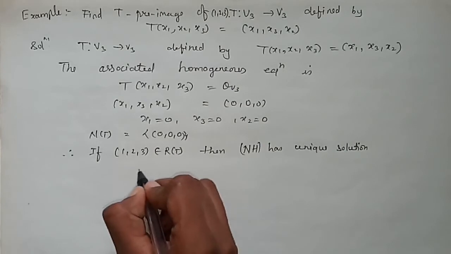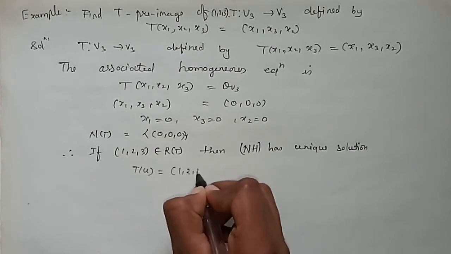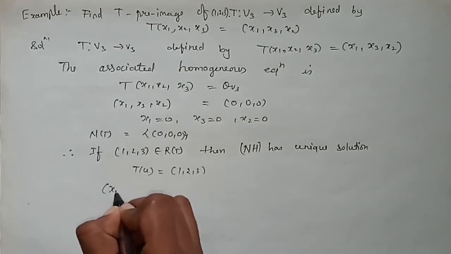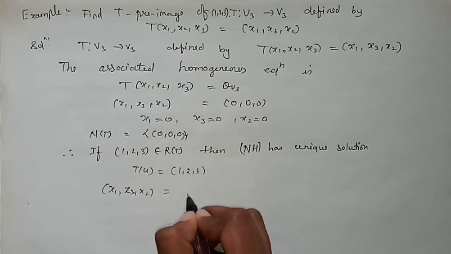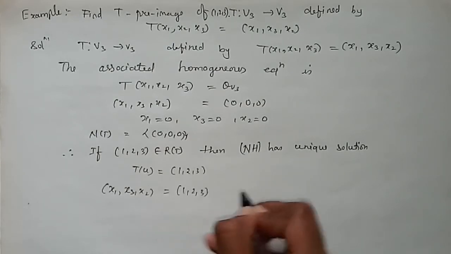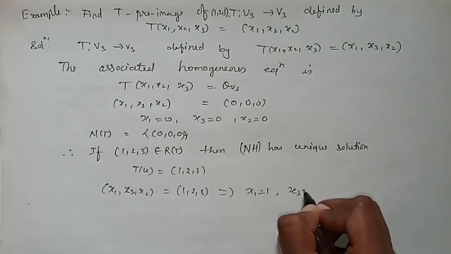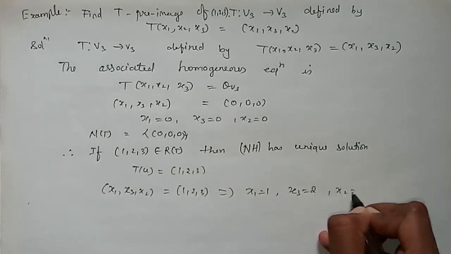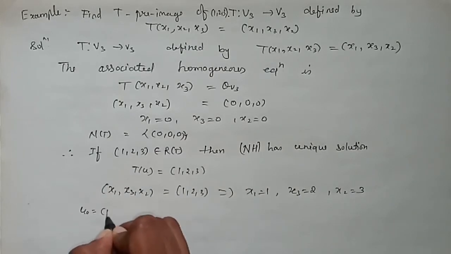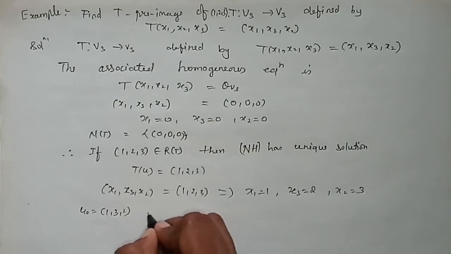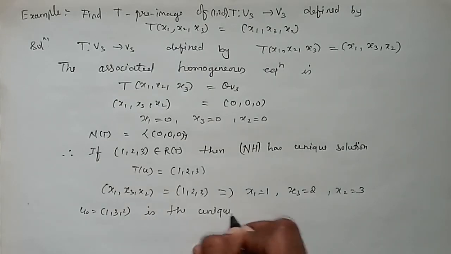Now T(u) = (1, 2, 3) and T(u) is nothing but (x1, x3, x2) = (1, 2, 3). This implies that x1 = 1, x3 = 2 and x2 = 3. Therefore our u naught is nothing but (1, 3, 2). This is the unique solution of the non-homogeneous equation.